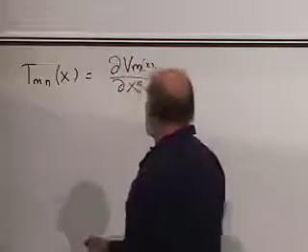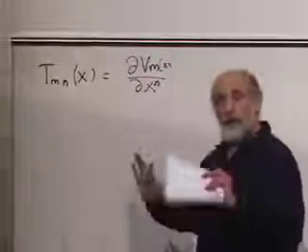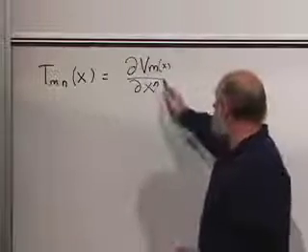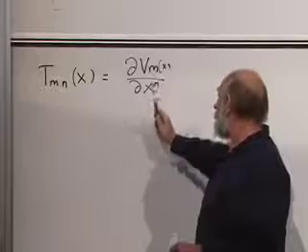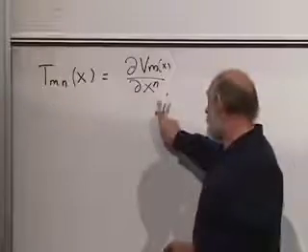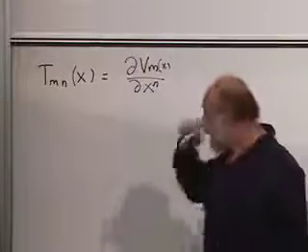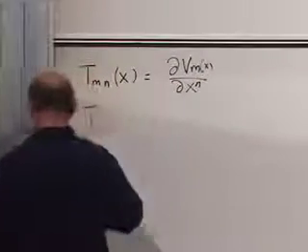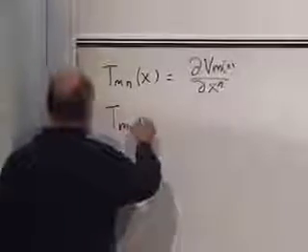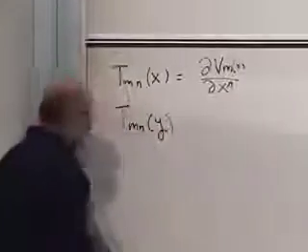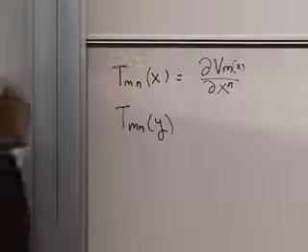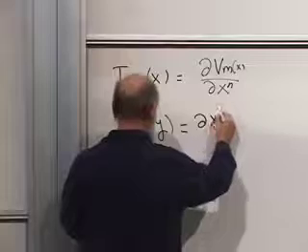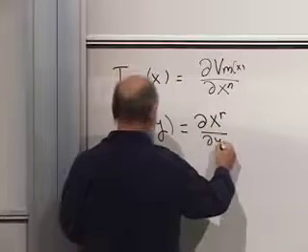We have an object which I tell you is a tensor, and it happens that in the x-coordinate system, its components are the derivative of v with respect to xn. Let's ask, what must its components be in the y-coordinate system? Well, if it really is a tensor, then its components must be dxr by dym, dxs by dyn times Trs.